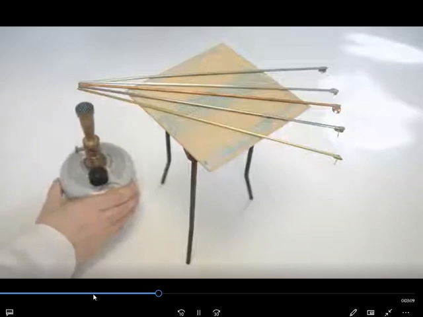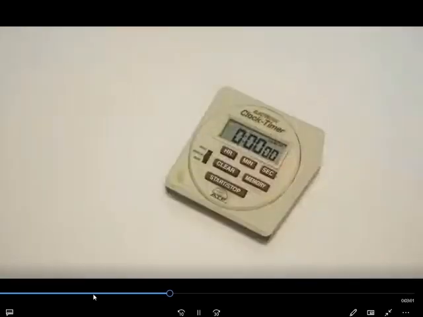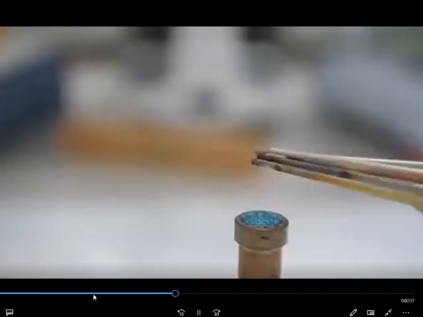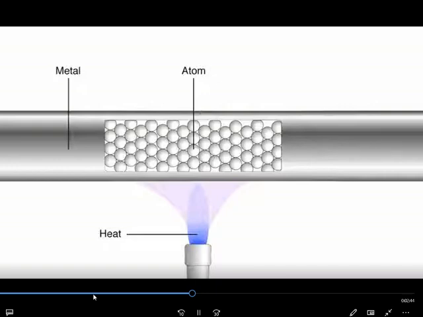As you can see, we are heating the other end of the metal rods. Here the pins are going to fall down at different rates.